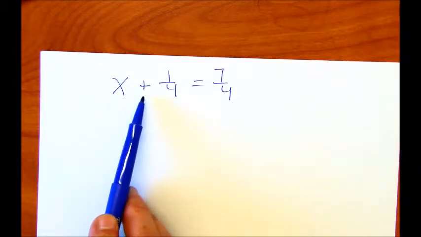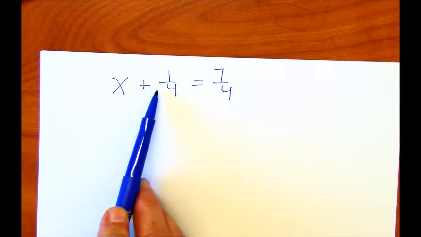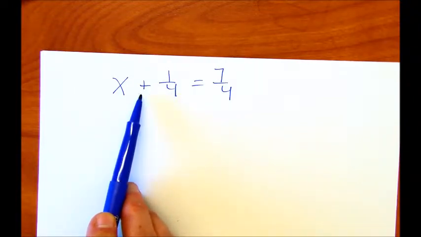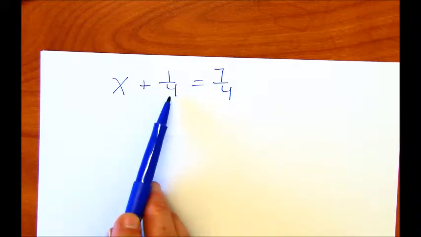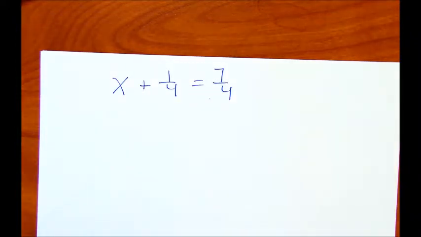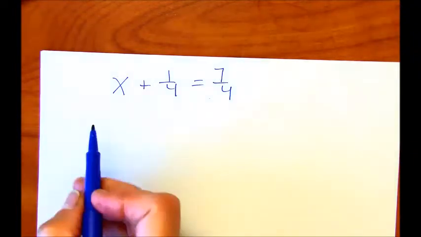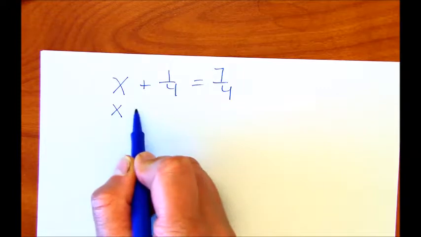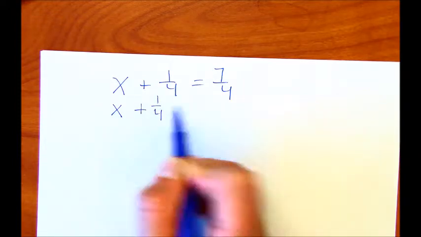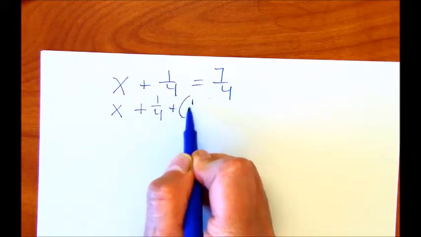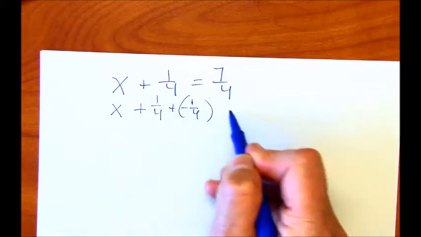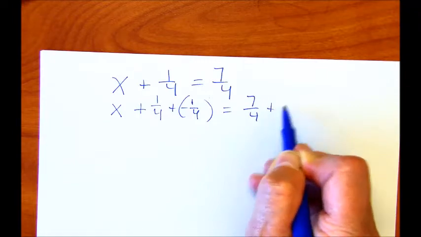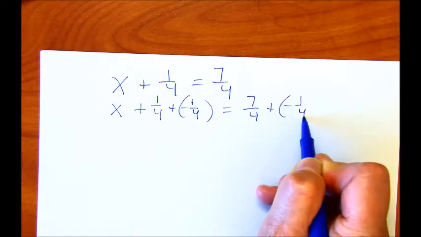We want to add the opposite. So this is a positive 1/4, and so we're basically going to be subtracting 1/4. Now, previously I was writing it out, and I'll go ahead and write it out that way, but I'm going to show you another way we could write it out. So this is what we've been doing, 1/4 plus negative 1/4, and then of course do the same thing on the other side, plus negative 1/4.